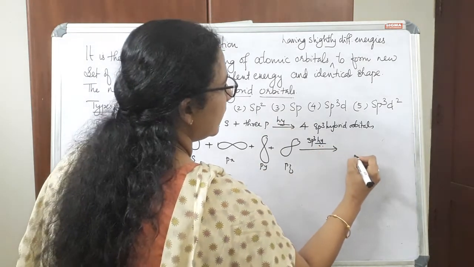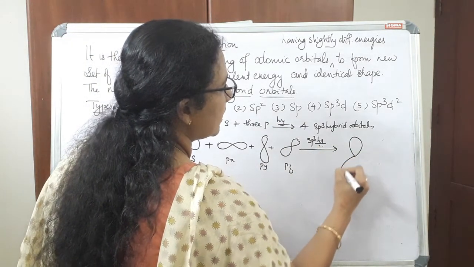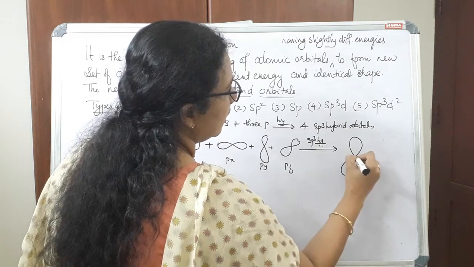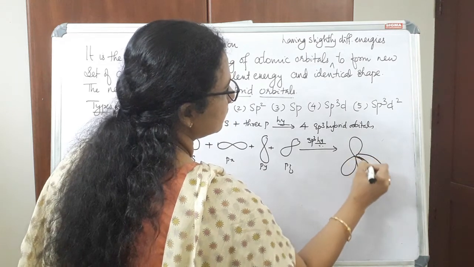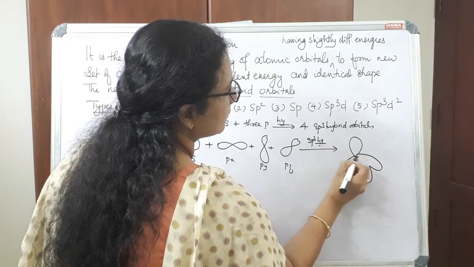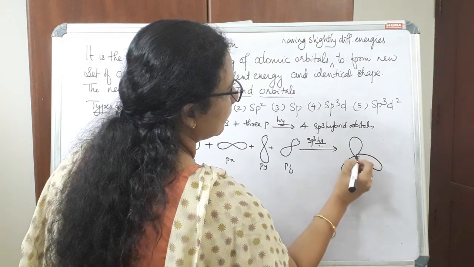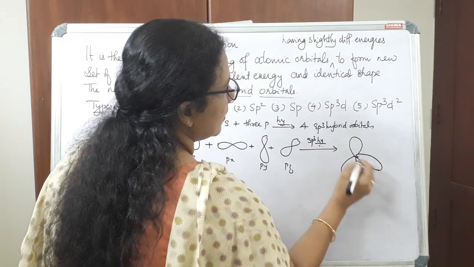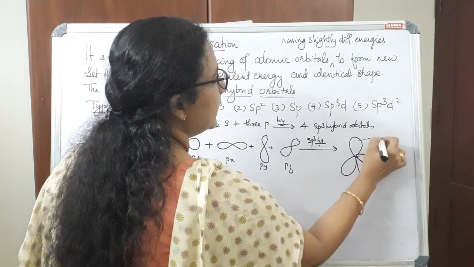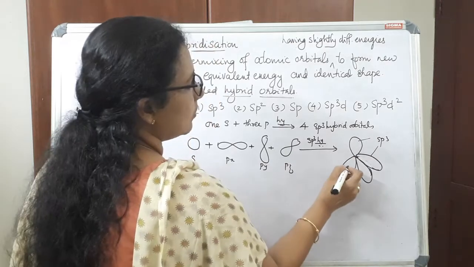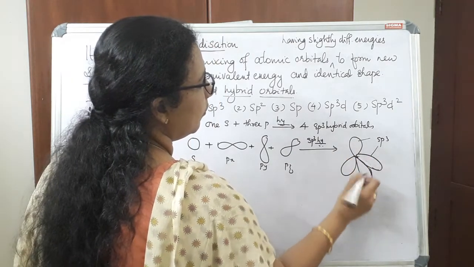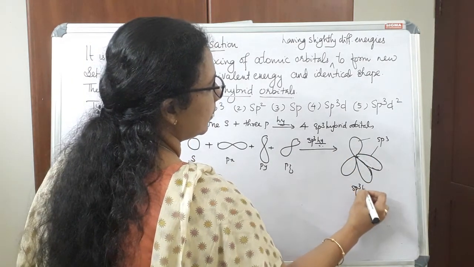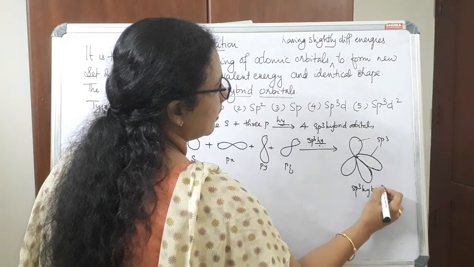So the 4 sp3 hybrid orbitals can be drawn like this. This is the sp3 hybrid orbitals. So 1, 2, 3 and 4. 4 sp3 hybrid orbitals are formed.